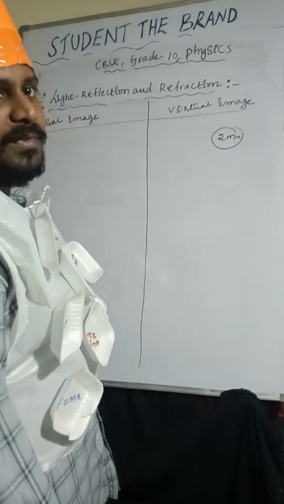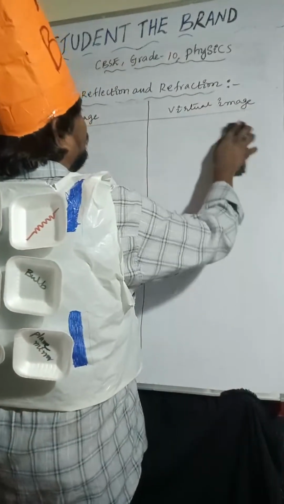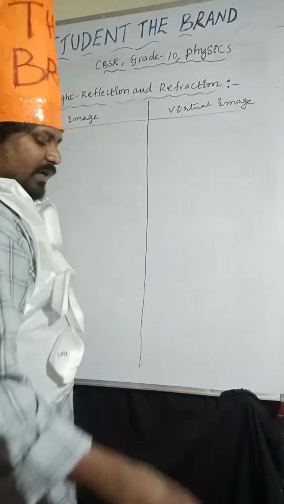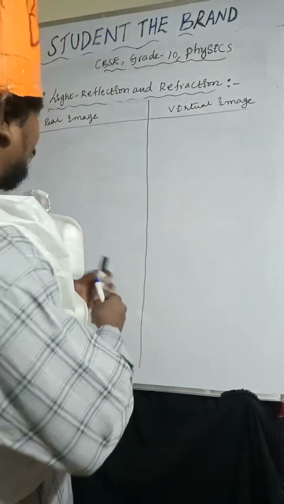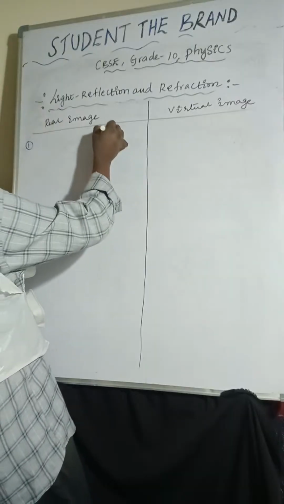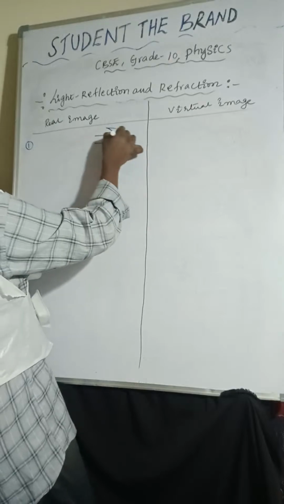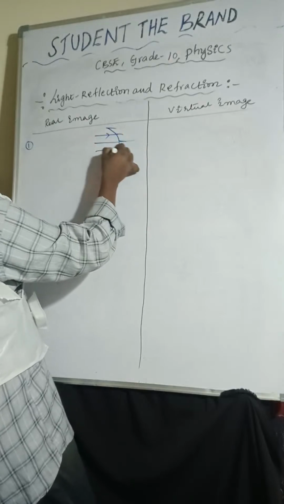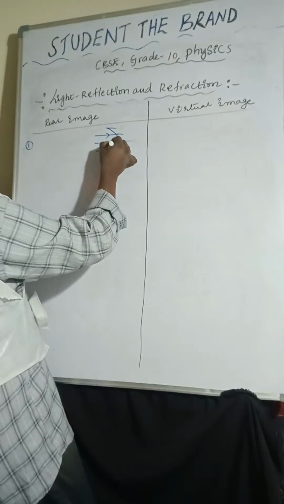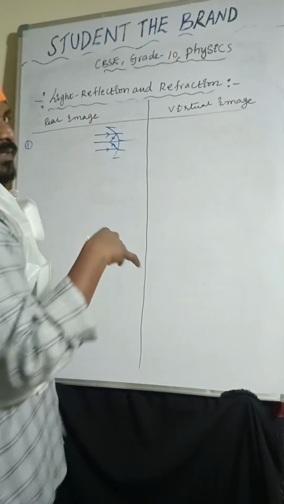So here you can observe the real image, first point. Normally for a real image, after reflection, the light rays will meet at one point. The point of intersection is where the actual light rays meet.